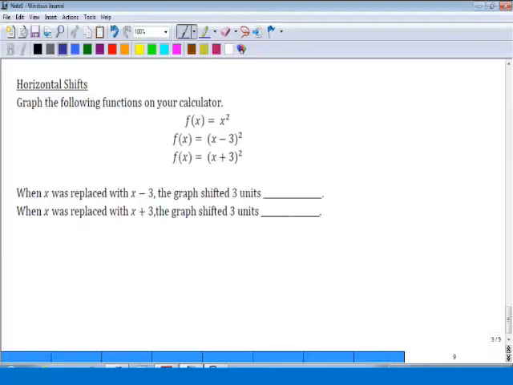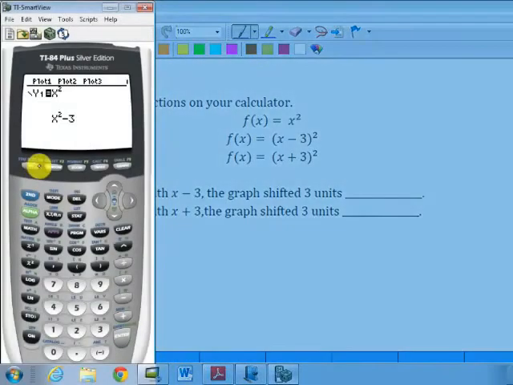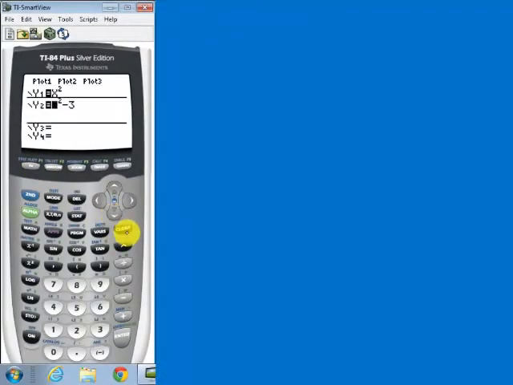So we consider the graph of f of x equals x squared, and then we want to compare that to the graph of y equals the quantity x minus 3, squared. We want to think of this not as subtracting 3 on the inside or from x.